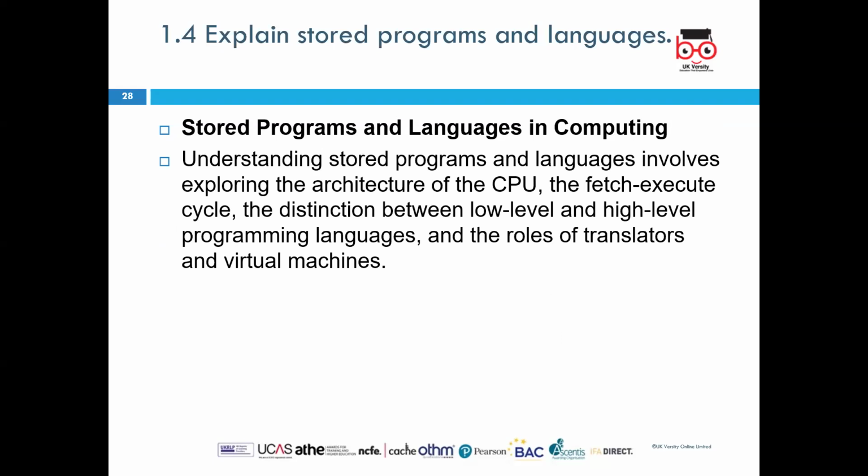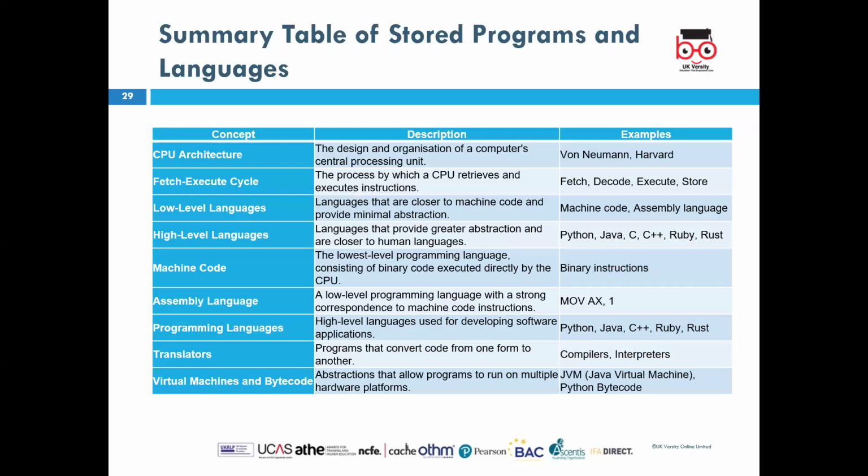So now we're going to explain stored program and languages. We all know that these programs are involved in exploring the architecture of our CPU, where we're going to look at the fetch-execute cycle.